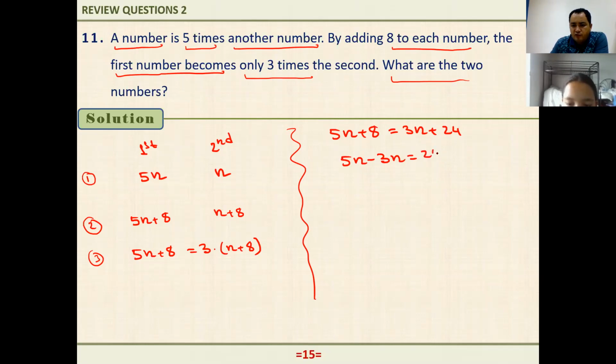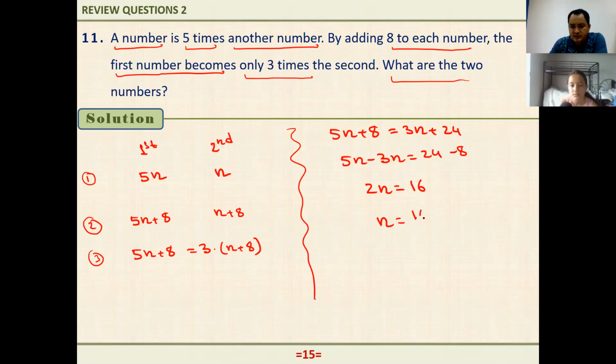Here we have 24 minus 8, right? Take this to the right-hand side. Changing sides, so it must also change its sign. 5n minus 3n is 2n. And also simplify the right-hand side, 24 minus 8, 16.